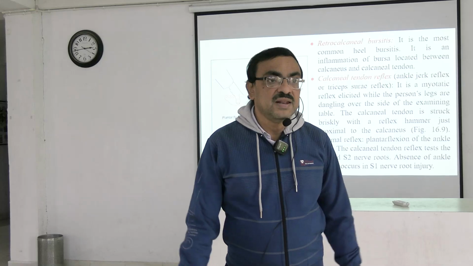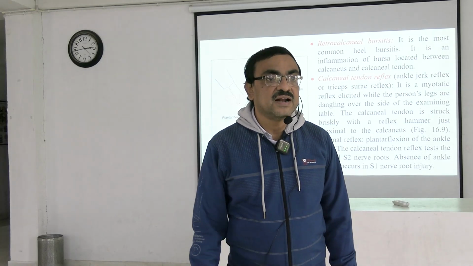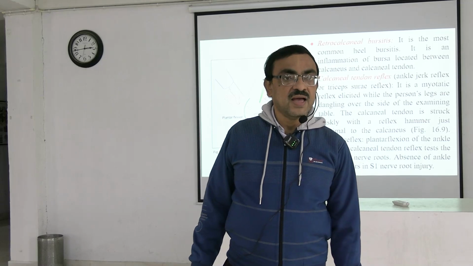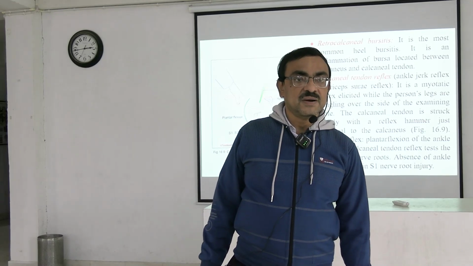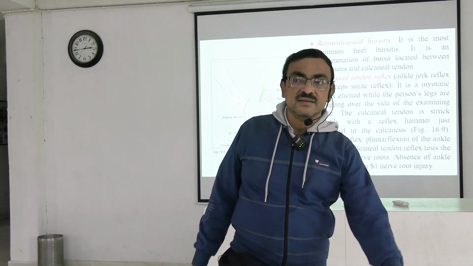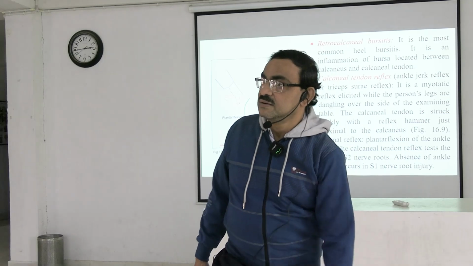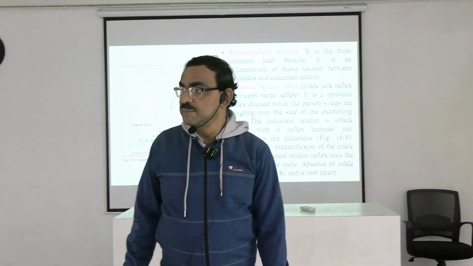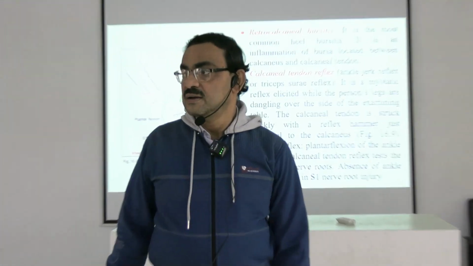There are many jerks. There is a patellar tap. When the person is sitting and the leg is hanging, if the patellar tendon is tapped with the hammer, there will be a jerk.